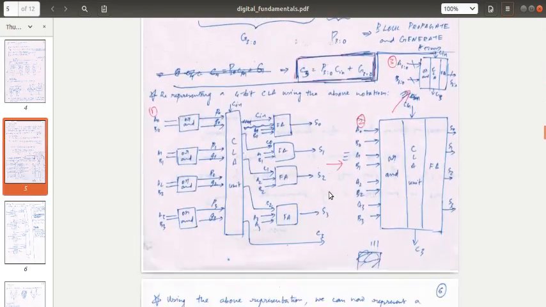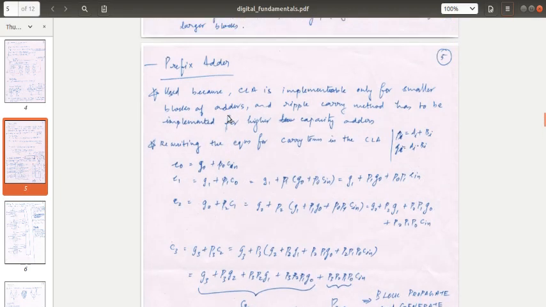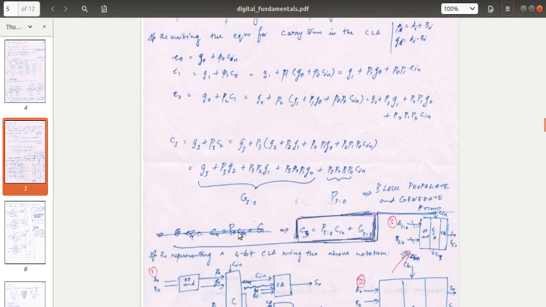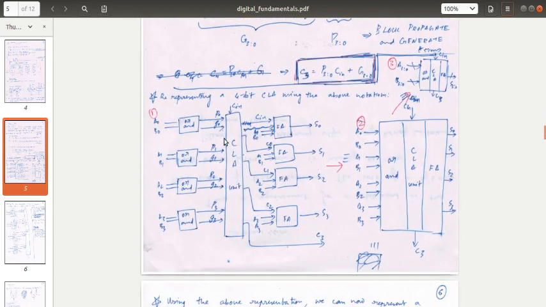But here we are representing the whole thing in smaller bits. So this carry look ahead logic, we are re-representing using these equations, which are based on the generate and propagate terms.